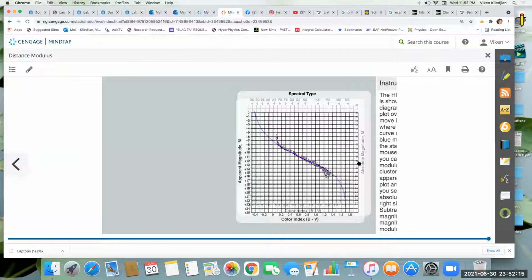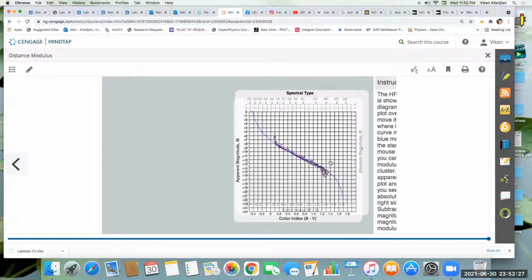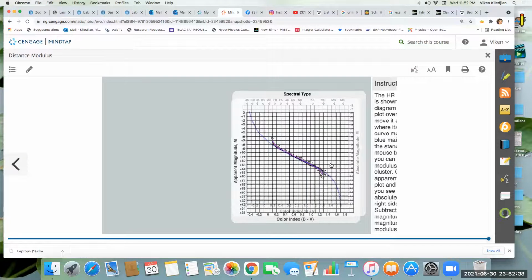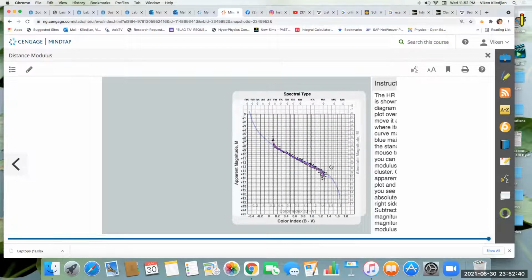So the big M is 6, and the little m is the 12 on the left. The left side is the little m, and the right side is the big M. So the 12 matches with the 6, the 13 matches with a 7, 14 matches with an 8, 15 matches with a 9. So that seems like the best match right there.